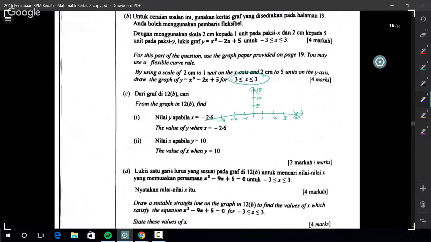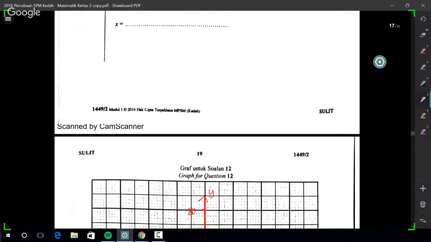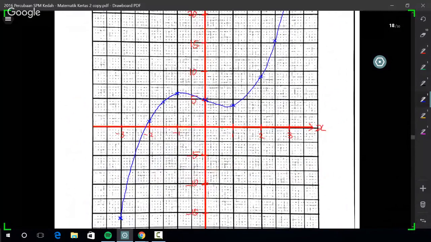Okay, then we go to part C. Part C basically asks you to find the value of y when x is negative 2.6. Okay, x is negative 2.6, so I go to negative 2.6 there. Negative 2.6 is somewhere here.